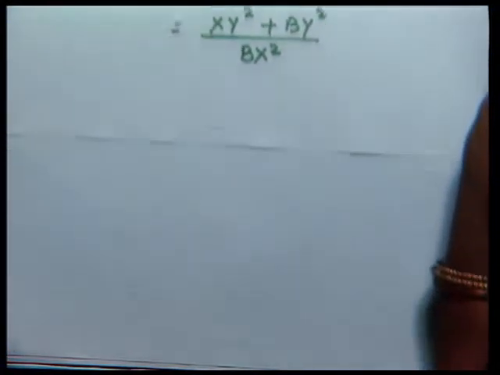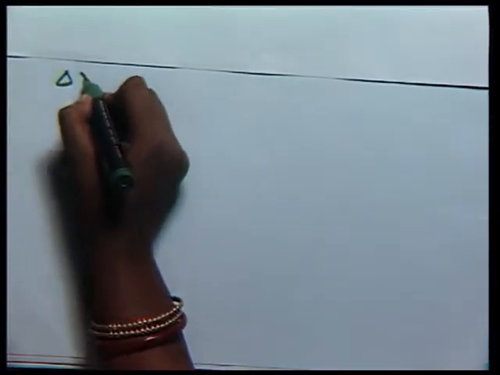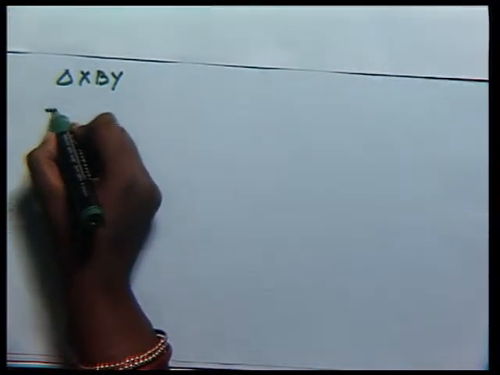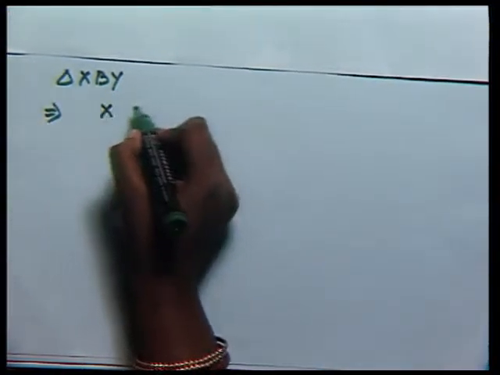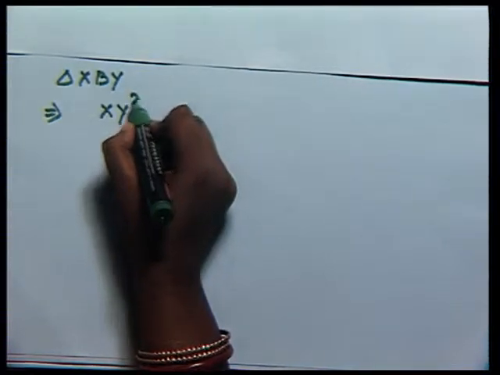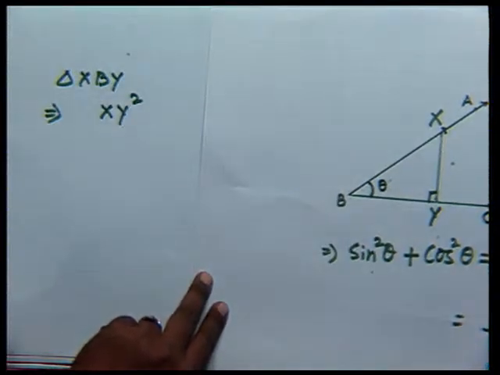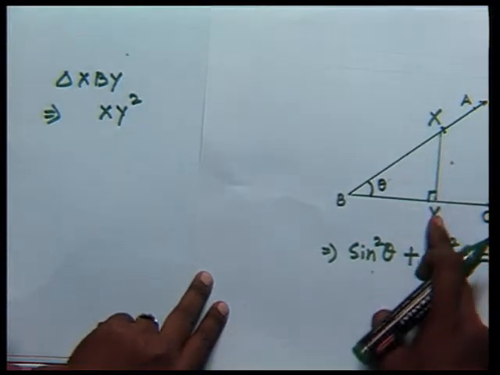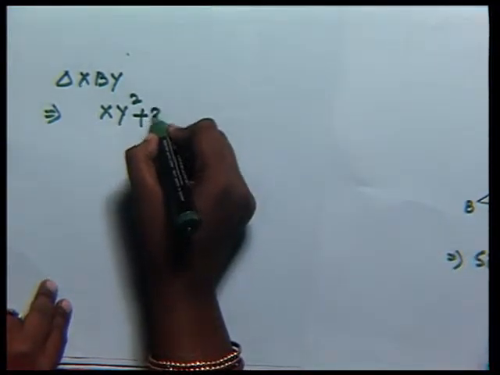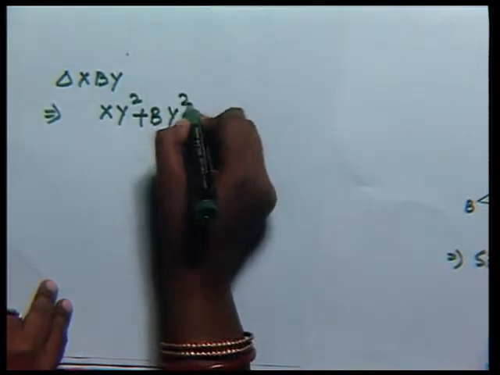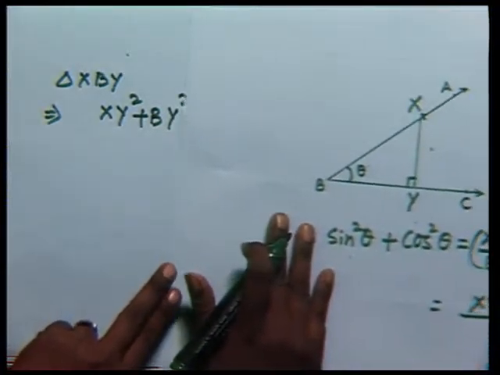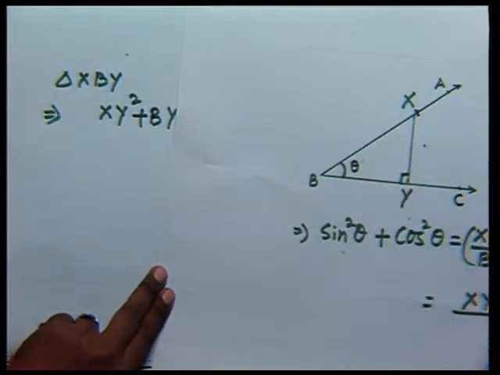So, from this triangle XBY, because it is a right angle triangle, we have XY square plus BY square is equal to BX square.